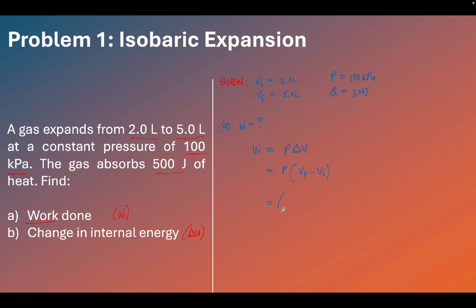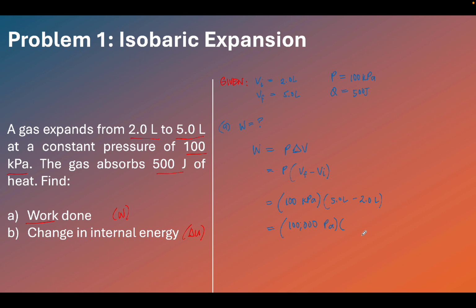Okay, so we have here 100 kilopascals times 5 liters minus 2 liters. Okay, so 100 kilopascals is equal to 100,000 pascals times, we have 5 minus 2 liters is 3.